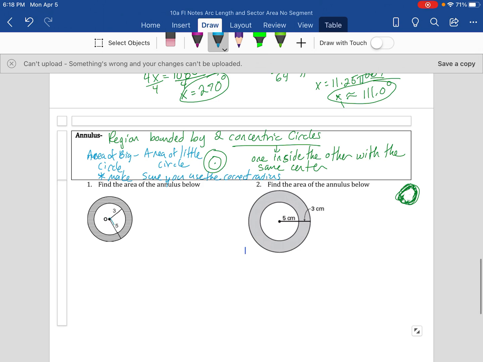Okay, so it says find the area of the annulus below. Okay, so the area of the big circle is 5. So I know that the area of the big circle is going to be pi times 5 squared. So when I do pi times 5 squared, that's going to be 25 pi. So that's going to be the area of this whole thing. But I don't want the area of the whole thing. I want to get rid of the inside. So how do I get rid of the inside?